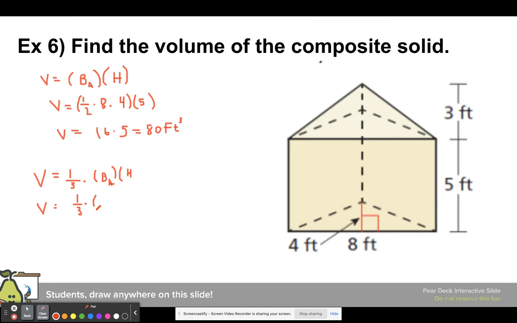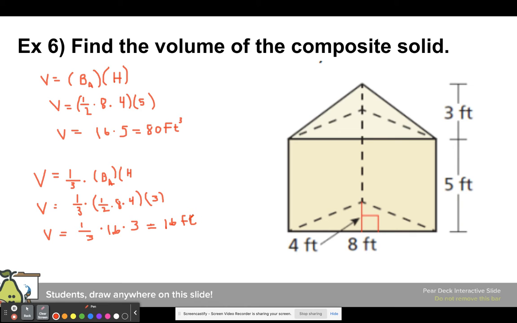So it's going to be 1/2, because it's a triangle, times my base length, 8 feet, times the height of my base shape, 4 feet, and then multiplied by the height of the pyramid, which is 3 feet. So the volume is equal to 1/3 times 16 times 3, which gives you 16 feet cubed.